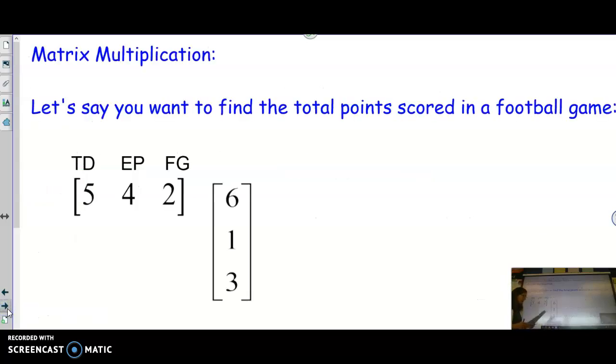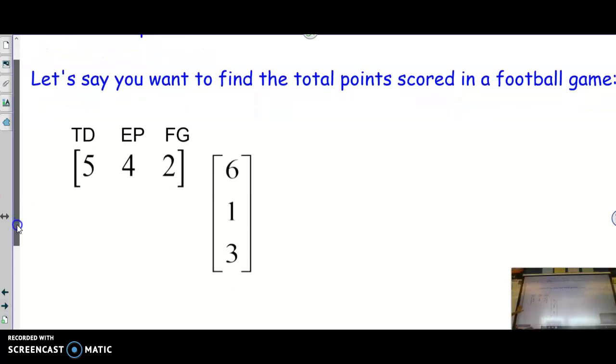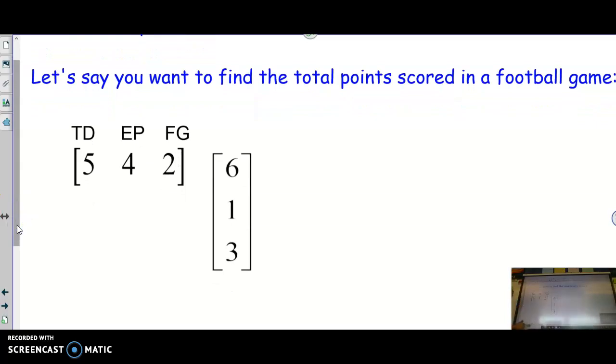Okay, the next thing we're going to take a look at is matrix multiplication. So let's imagine that we have a couple teams competing in a football game. So I'm going to add another row here. So we have 2 teams competing. We'll say that this is Marysville, and we'll say that this is St. Clair.